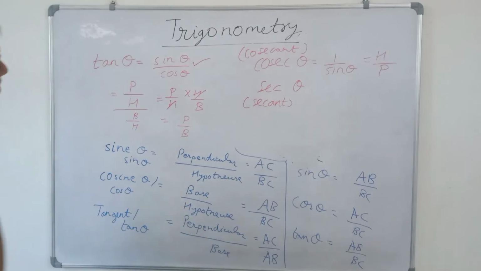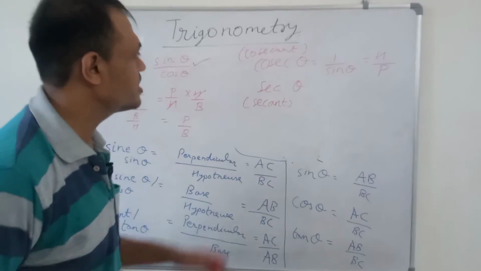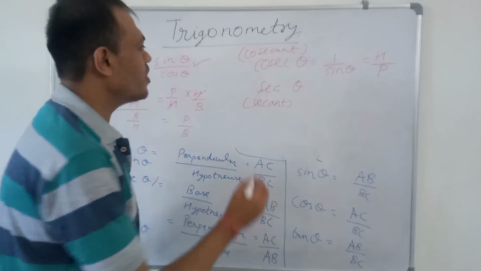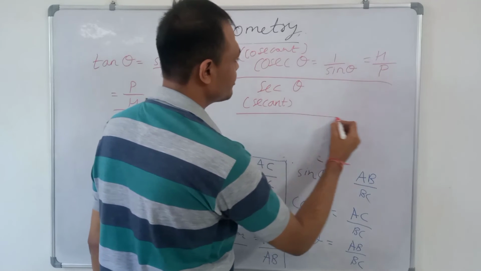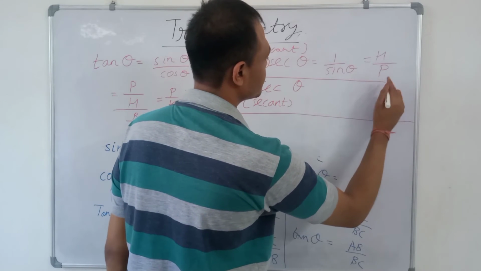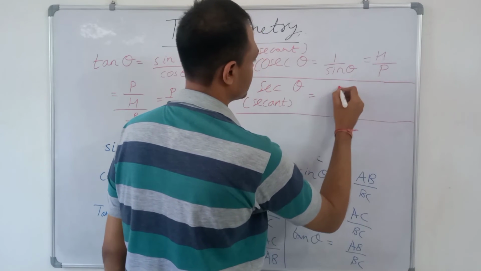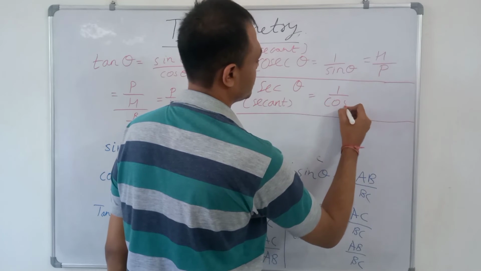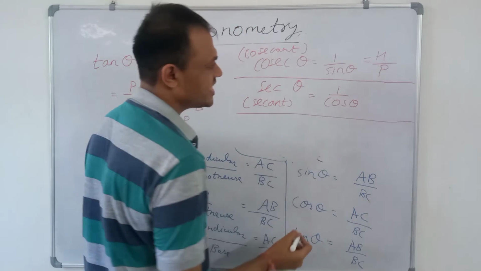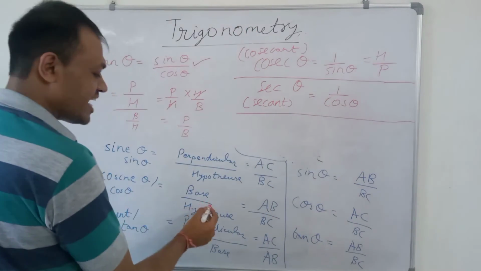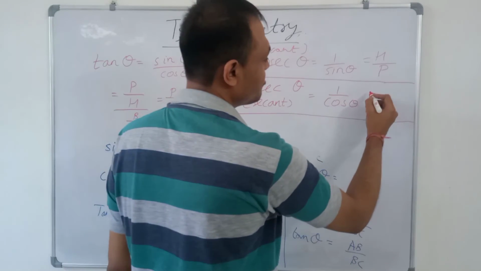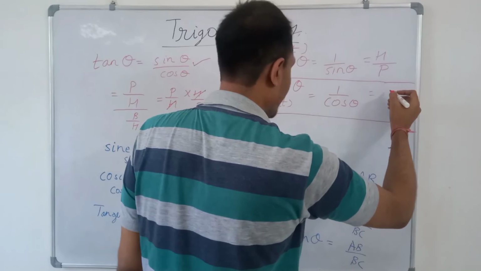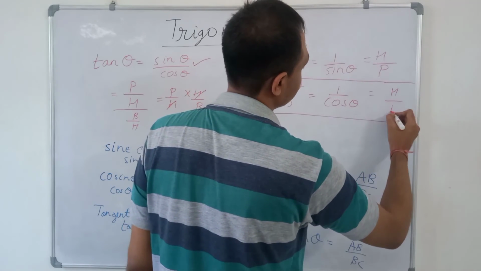Cosecant theta is 1 upon sin theta. Sec theta is equal to 1 upon cos theta. So cos theta is ratio of base and hypotenuse. So sec theta will be equal to hypotenuse upon base.